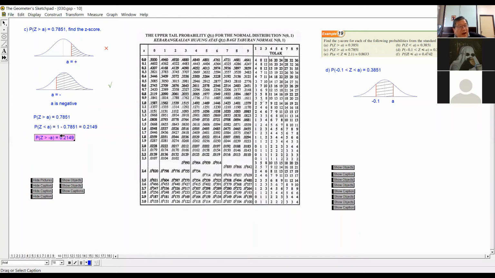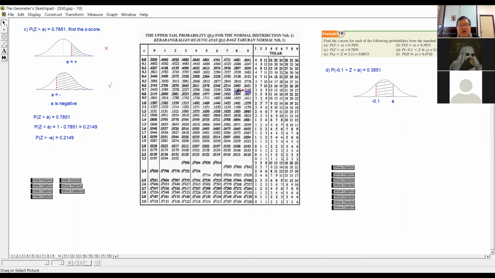But this 2149 has a corresponding number in the upper tail. And that number is the same as the number that we are going to find. So we're going to find 2149. 2149 lies between two numbers. What are the two numbers? 2177 and 2148.